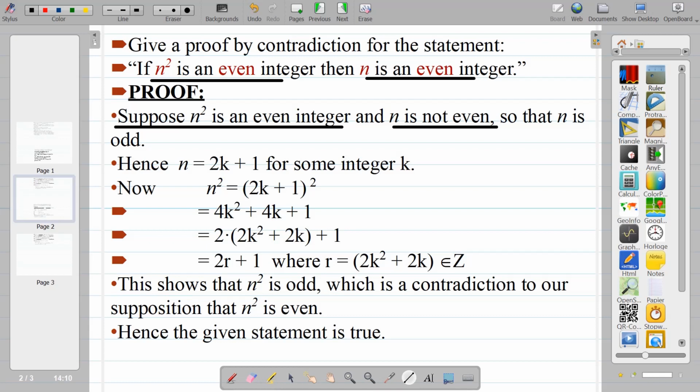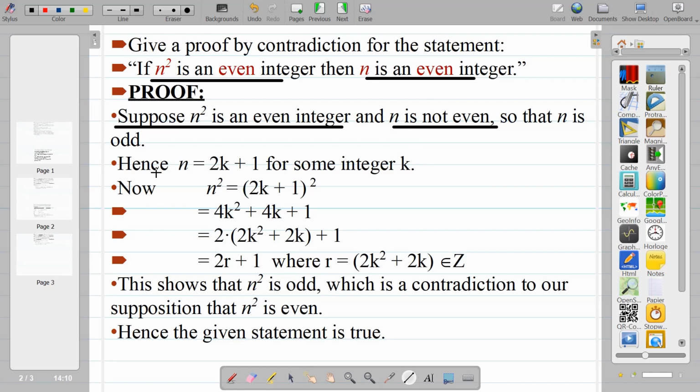So suppose n squared is an even integer and n is not even, so that n is odd. So we are just saying if n squared is an even integer, then n must be an odd integer. That's what we have to prove here.